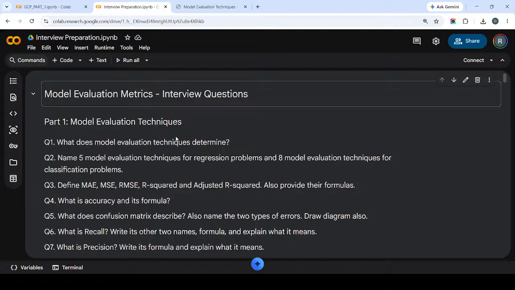Hello all. Today, in this continuation, we are starting one new series, that is interview preparation. One more series is going on in parallel, in which we are doing live coding.